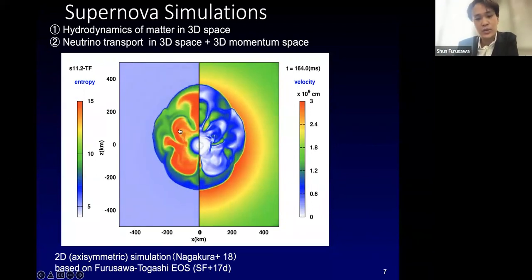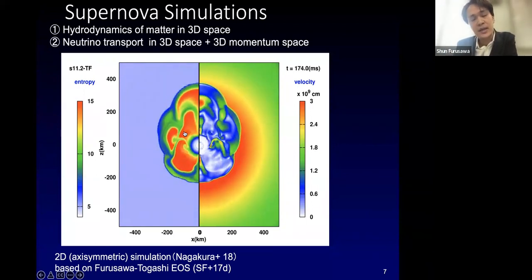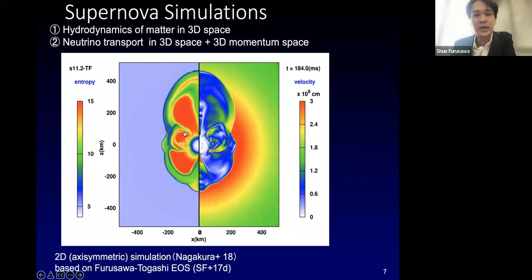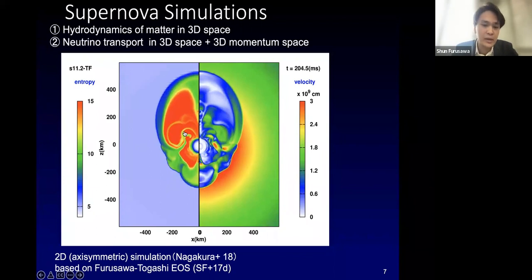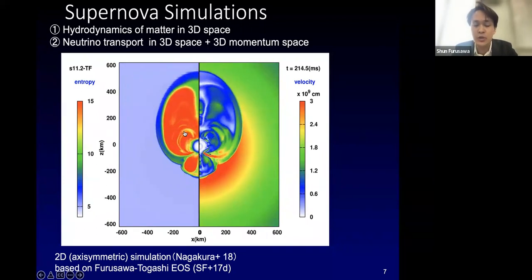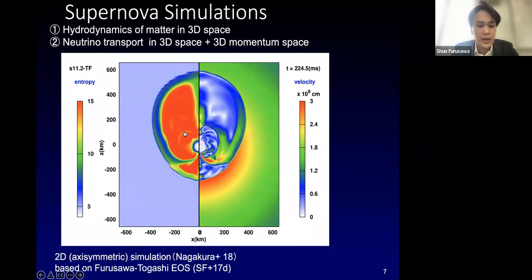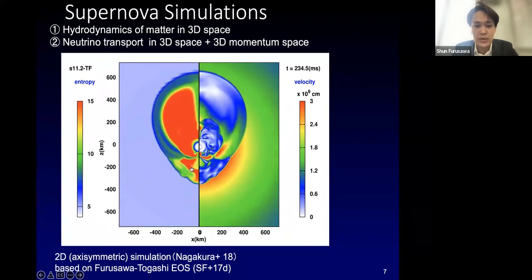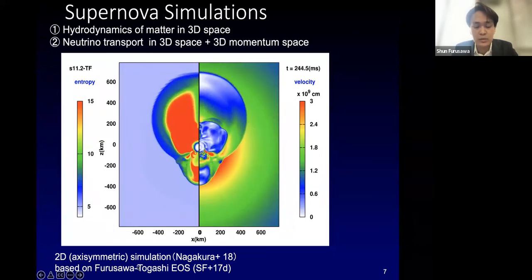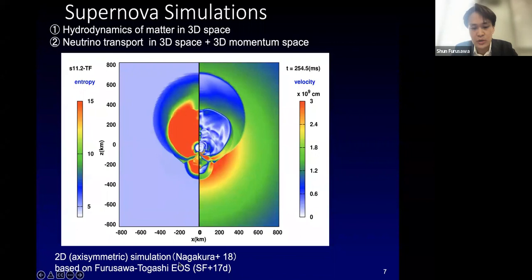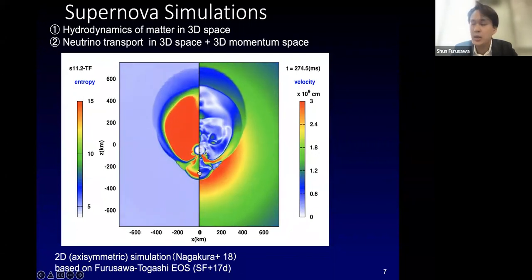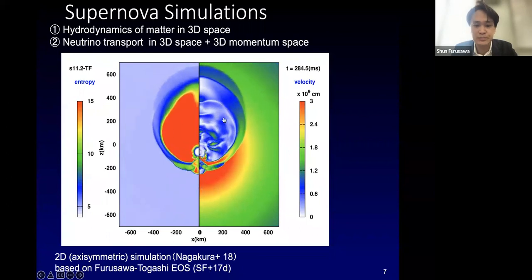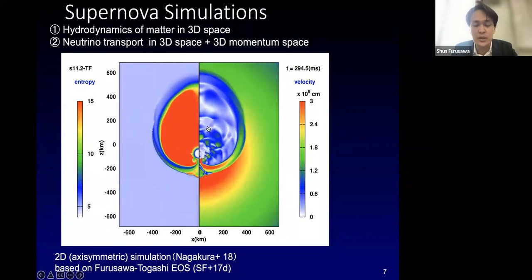This is a 2D simulation, so we need approximations at present. There is no complete supernova simulation without any approximations. And this simulation is based on our equations of state, and I will discuss the result of this simulation later.